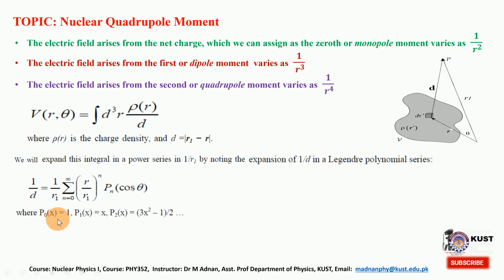And then you have these P0, P1 and P2 expressed in this fashion, and then the potential can be expressed in terms of these coefficients, where some of the coefficients are representing the total charge and some are representing the moments, as we have discussed: the zeroth order moment, the first order moments, and the second order moment, or we can say zeroth, first and second moment of these distribution.